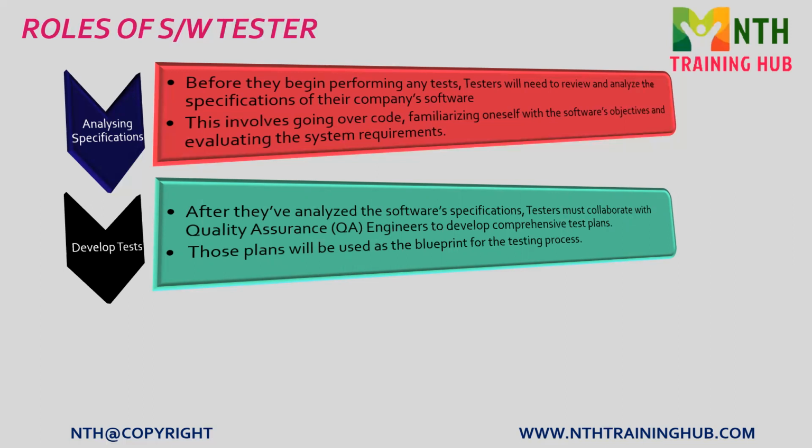The designations will be different: quality assurance will be different, quality analysis is different, and the testing role will be different. Different people are involved in the software development life cycle and testing cycle. So we have to take the quality assurance engineer's documents and plan the test plans accordingly.